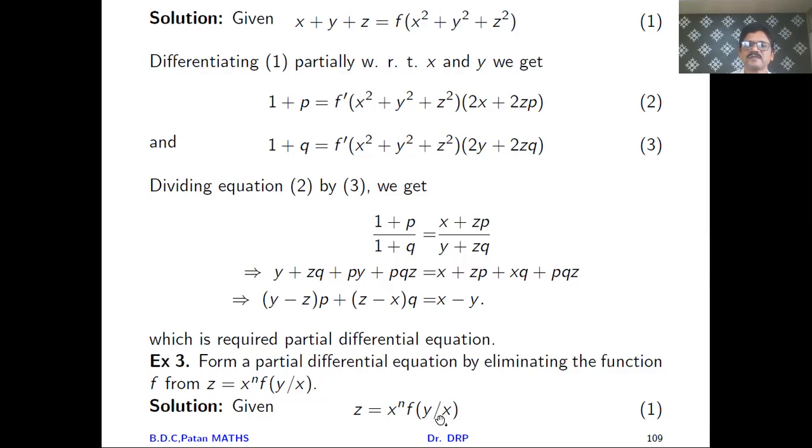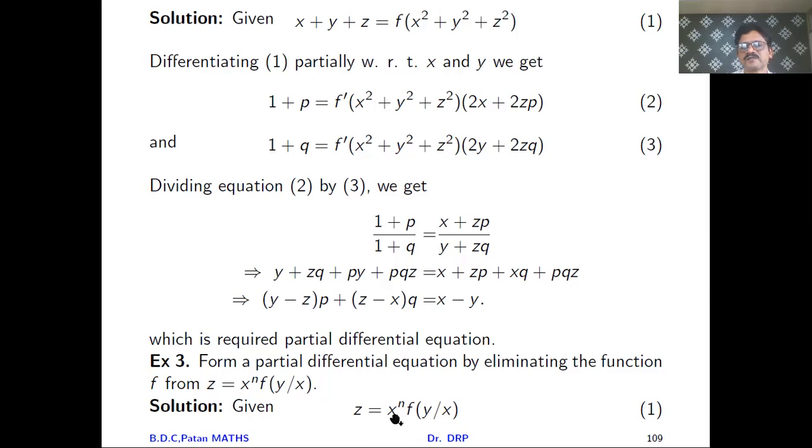So we have to use the product rule on the right hand side. On the LHS you will get del z by del x, because z is a function of two independent variables x and y. On the right hand side you use the product rule.